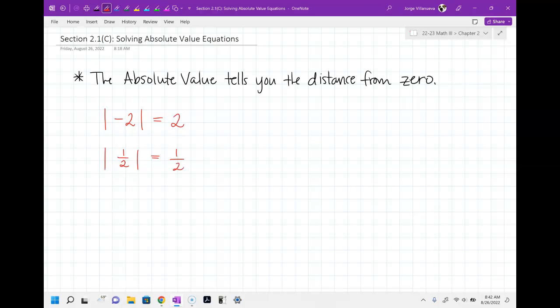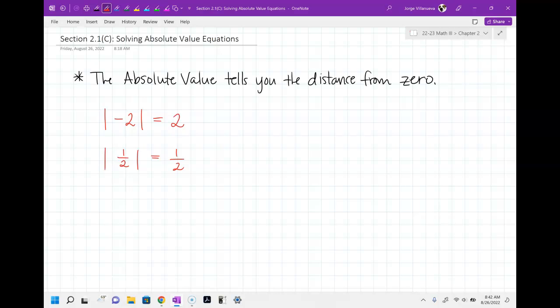It doesn't matter whether the number on the inside is negative. If the number on the inside is positive, the result is always positive. That's kind of what they told you. It's just this magical thing, right? So just do it. Well, the reason why it's always positive is because it's a distance, okay?